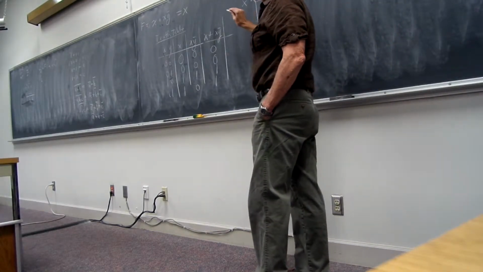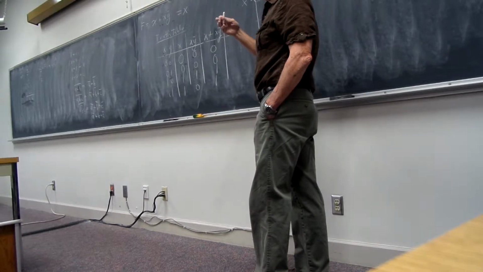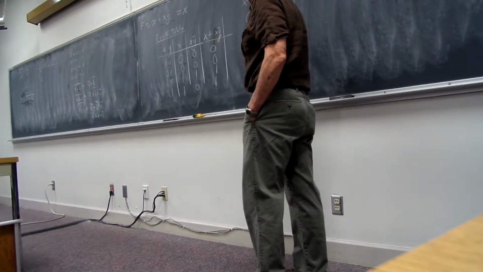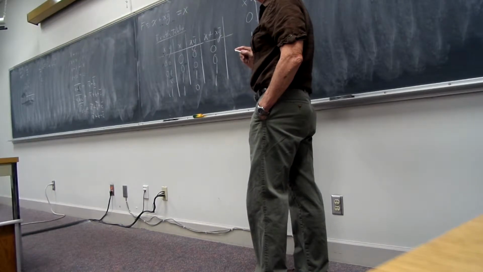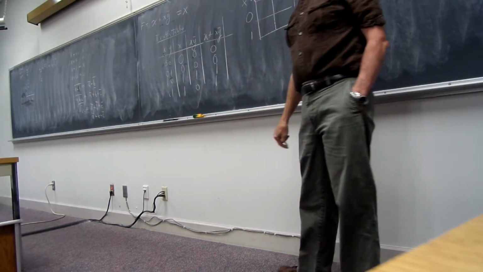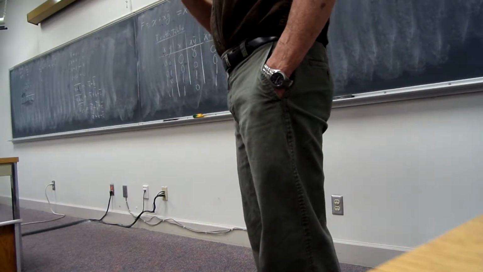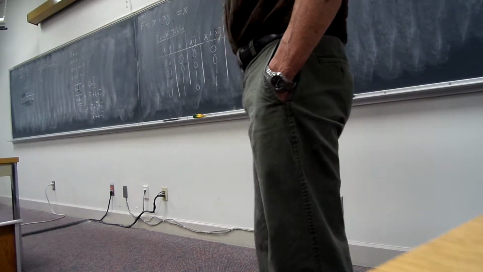Okay. What are the possibilities for the x's? What can it take on? 0, 1. How about y? 0, 1. Now what we're going to do is fill in 1s and 0s for each cell.